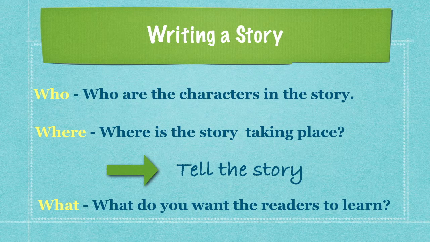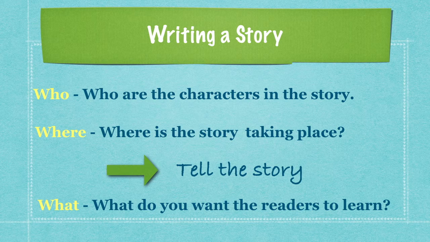Although most stories are different, they often follow very similar patterns. Early in the story, we need to tell the reader about the characters in the story. Then, we also need to talk about where the story is taking place. After we have given this background information, we can get in and tell the story.